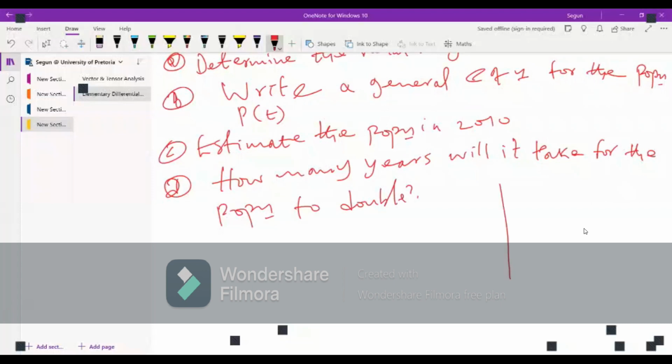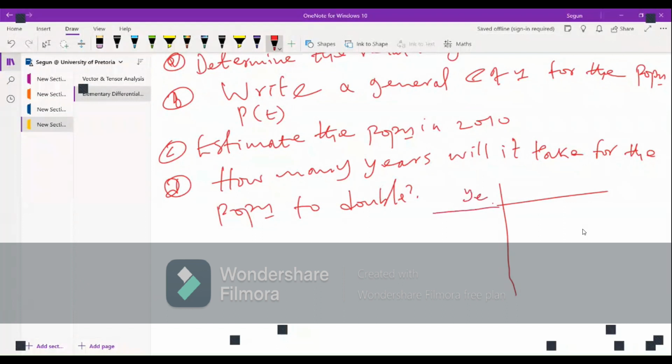Here is the table they are talking about. Year 2000.